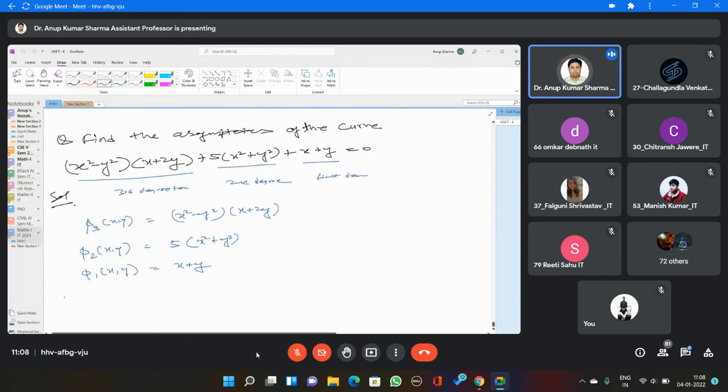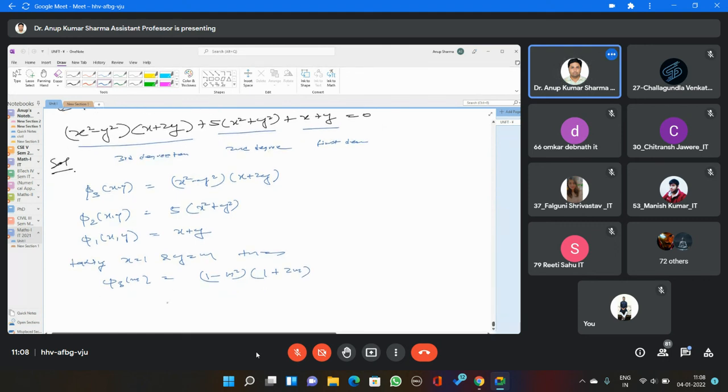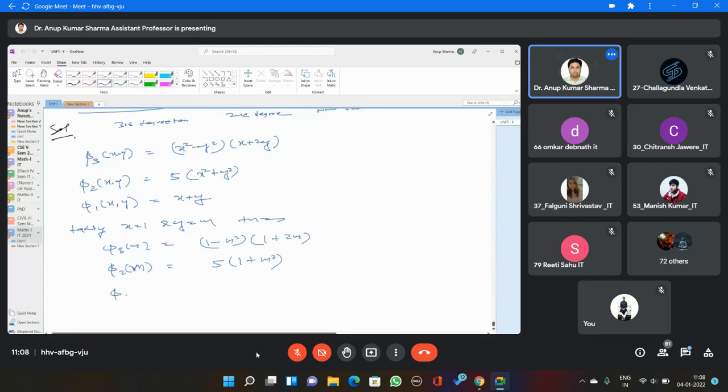In this problem, taking x is equal to 1 and y is equal to m, phi 3 of m is equal to 1 minus m squared and 1 plus 2m. Phi 2 of m is equal to 5 times 1 plus m squared. Suppose it is needful, then you do it, otherwise leave it, no issue, just writing for reference.